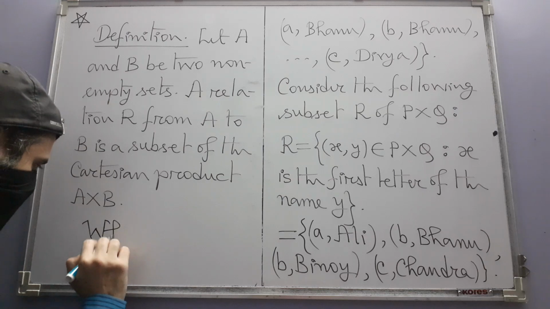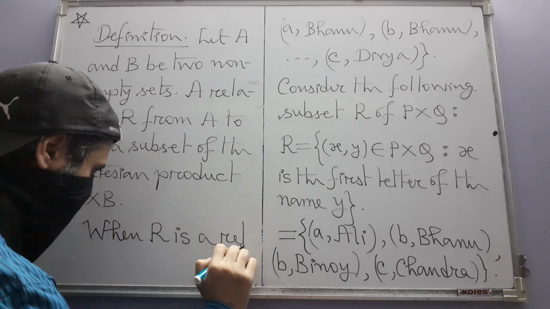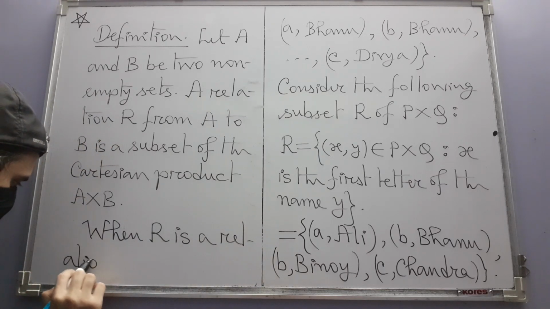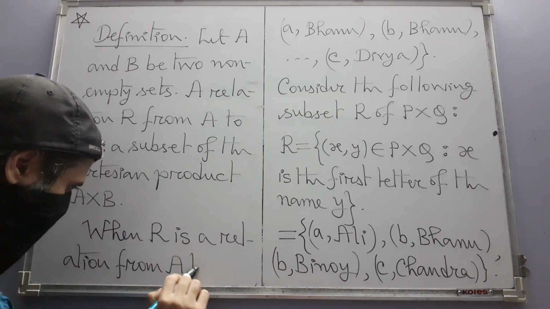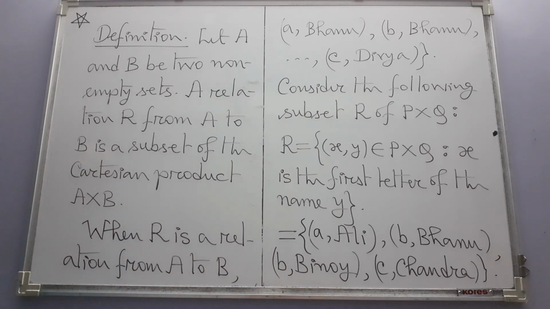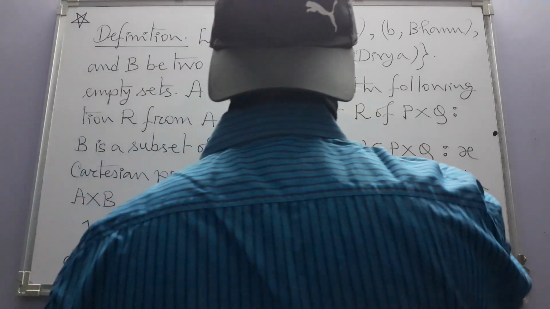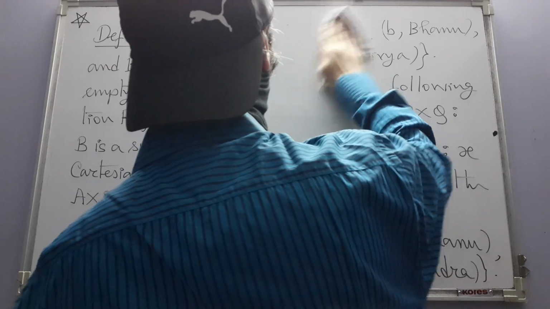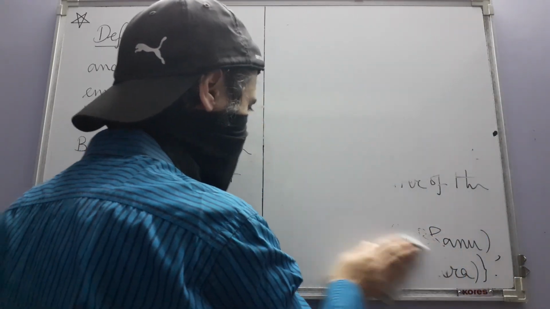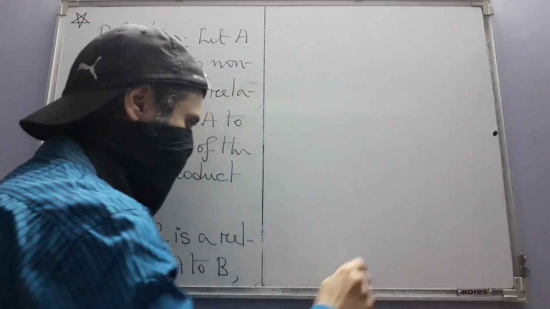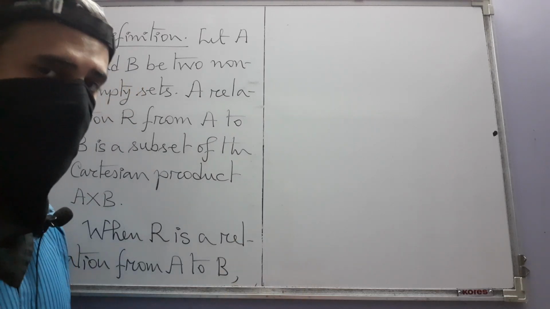When R is a relation from A to B and this initial example with which we started, there is something else about this that I haven't said yet.